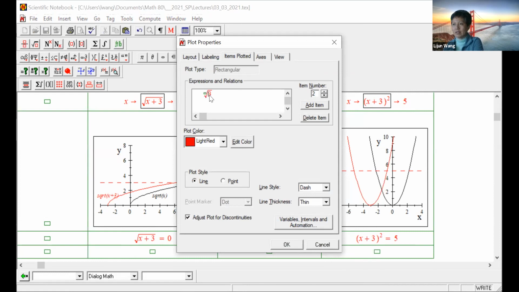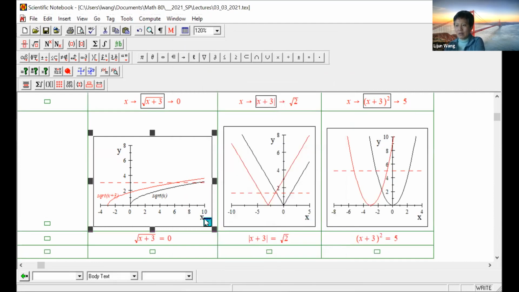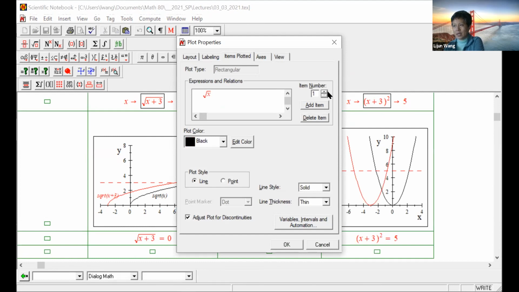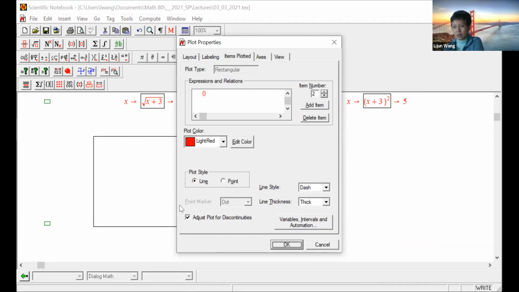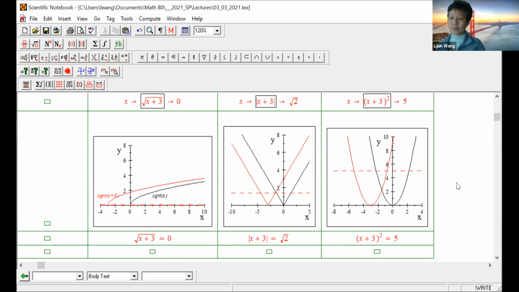You see all of these changes in numbers, but it doesn't change the nature of the question. And this one, of course, we want it to be 0.